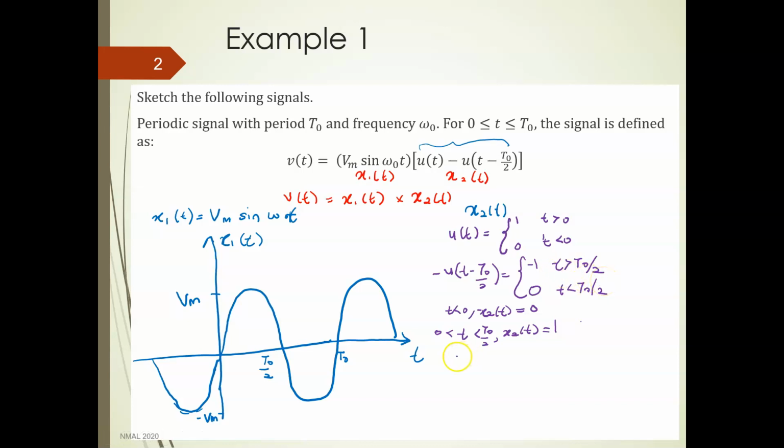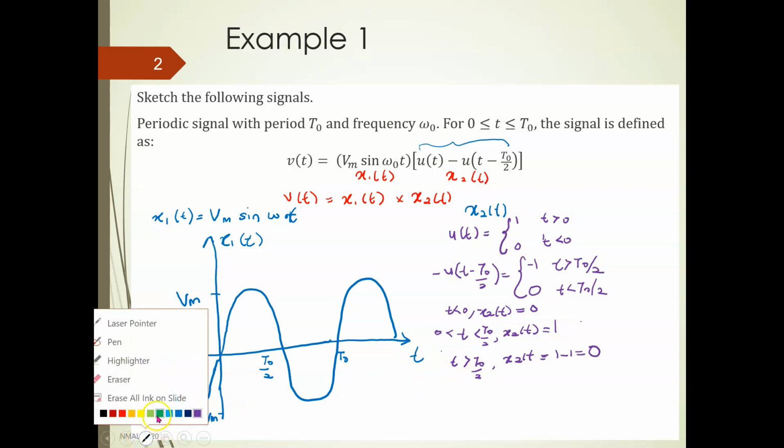The next time range is t bigger than t0 over 2. So x2t here will become 1 minus 1, which is 0. So we have 0 when t is less than 0, 1 when t is between 0 and t0 over 2, and 0 when t is bigger than t0 over 2.